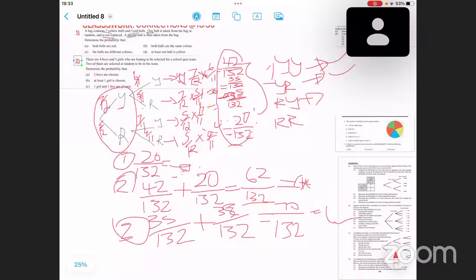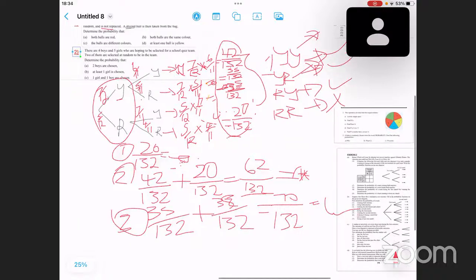Okay, all right. Do we have at least one yellow ball here? No, ma'am. No, ne? So that means what we're gonna do here, we're going to add the probability yellow and yellow, with the probability yellow and red, and lastly we're gonna add this one. So we're going to add everything together.